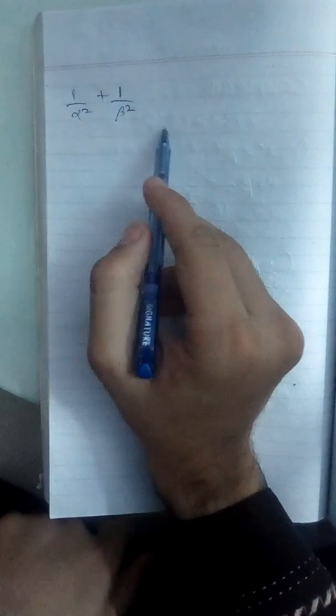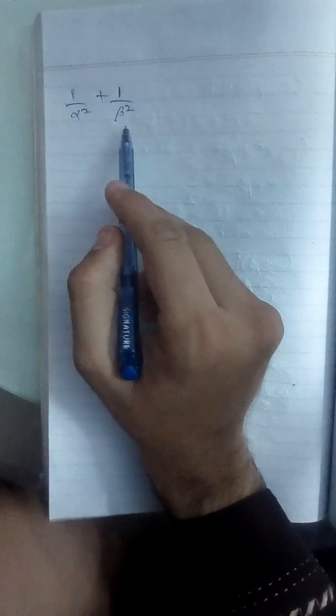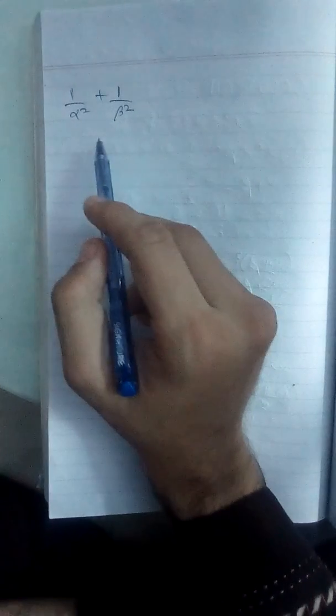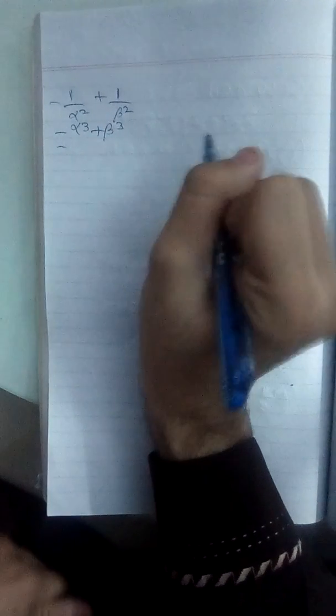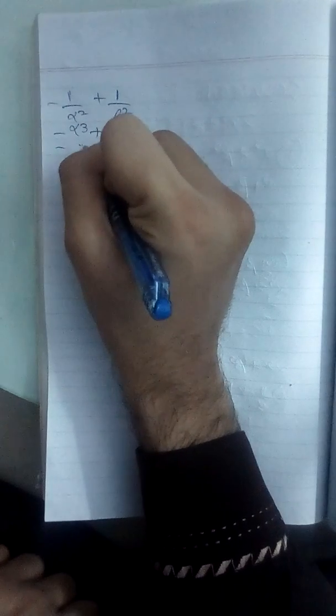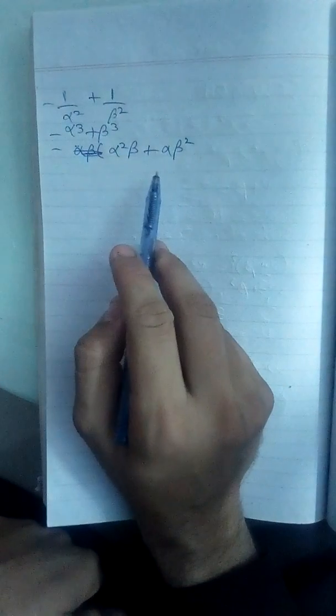There is a specific method to calculate this, and we would also be calculating alpha cube plus beta cube, and we would also be calculating alpha square beta plus alpha beta square. There's also a method to calculate this.